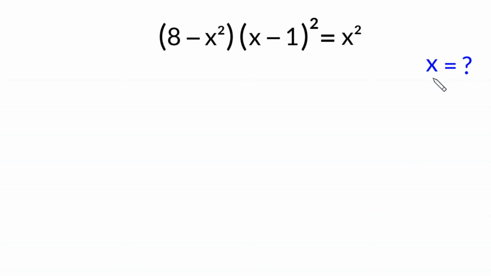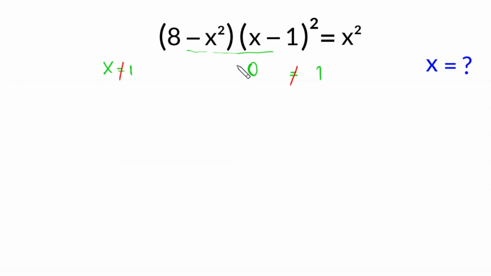So let's start. If we check x equal to 1 in this equation, then the left hand side will become 0 and the right hand side will become 1. 0 is not equal to 1. It means that x cannot be equal to 1.